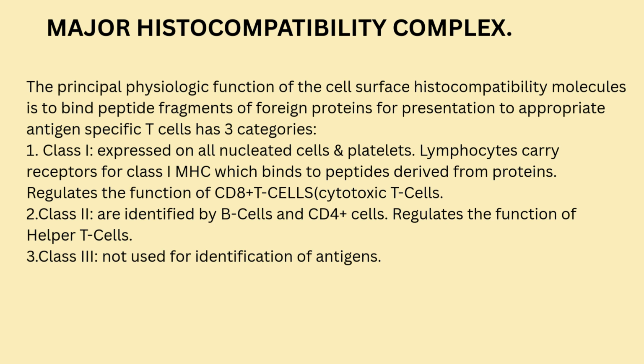Understood? Now let's begin with the major histocompatibility complex. These cells have histocompatibility molecules, which help in binding peptide fragments of foreign proteins for presentation to appropriate antigen specific T cells.